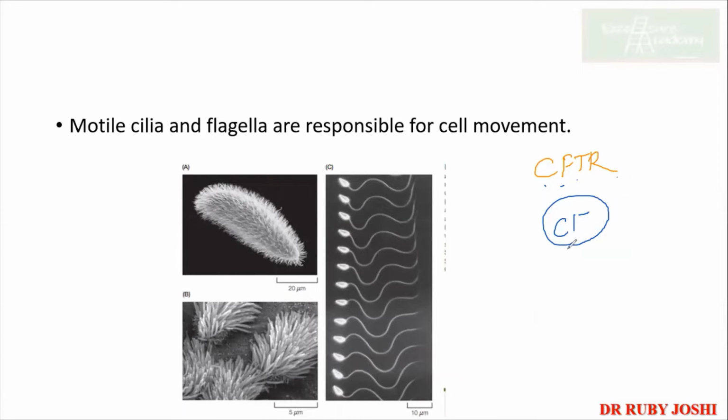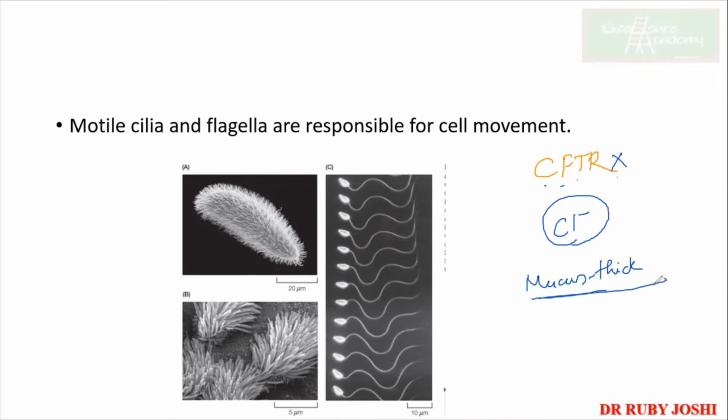So what happens if this is not functioning properly? There is a buildup of mucus. Yes, and the mucus becomes more thick, and the cilia are not able to move it.